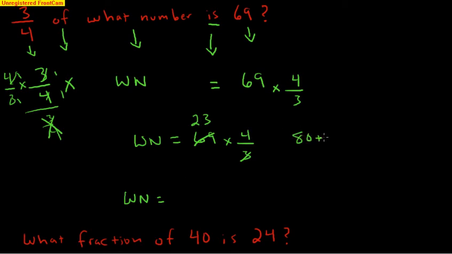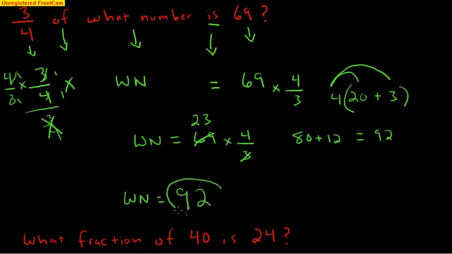Using the distributive property from mental math, really we're taking 20 plus 3, because that's the same thing as 23, times 4, 80 plus 12. Wn equals 92. So we set up an equation using the keywords is and of.